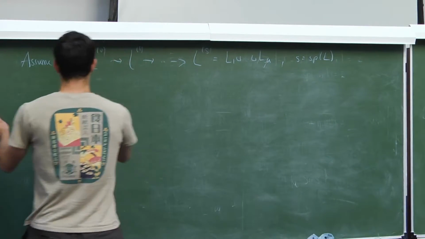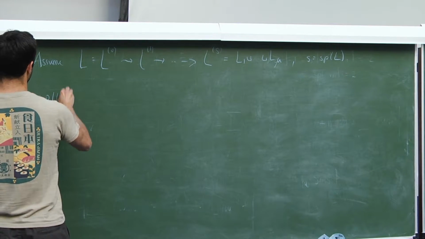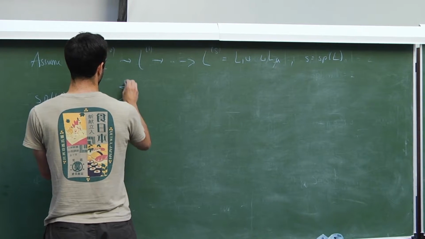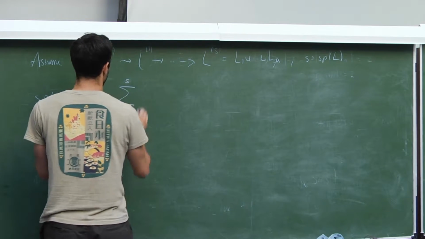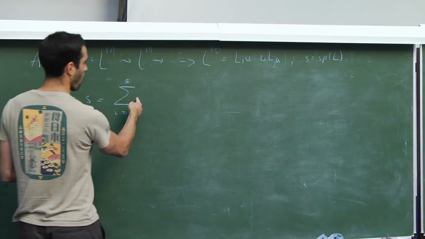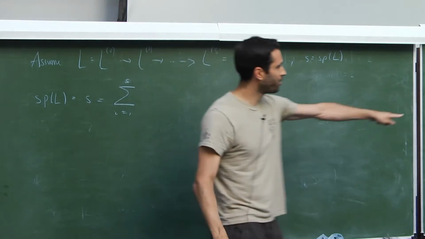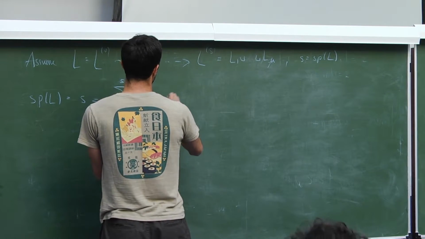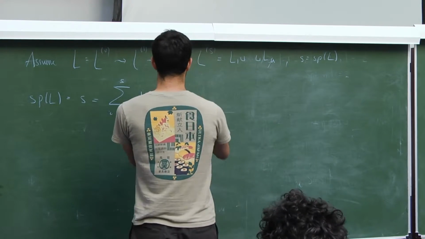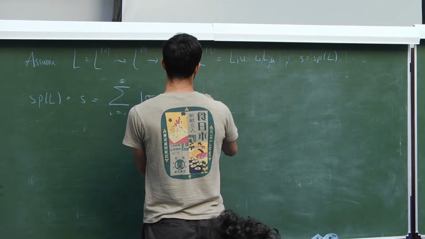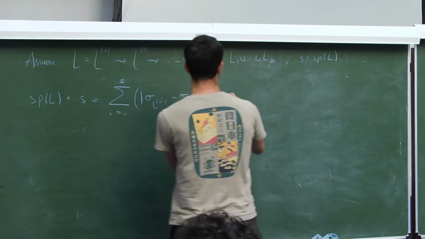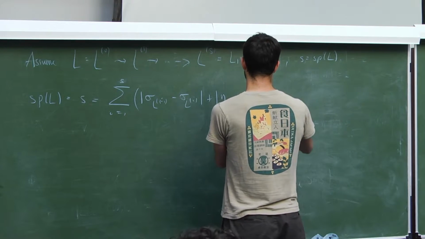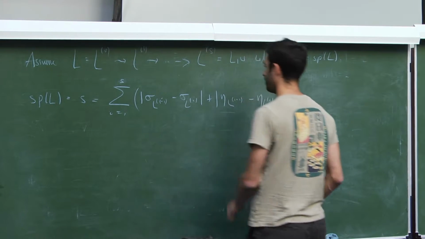Then you have that the splitting number of L is equal to s. It's the sum over i from 1 to s of 1. And this 1, you write it like this: sigma L_{i-1} minus sigma L_i plus eta L_{i-1} minus eta L_i.